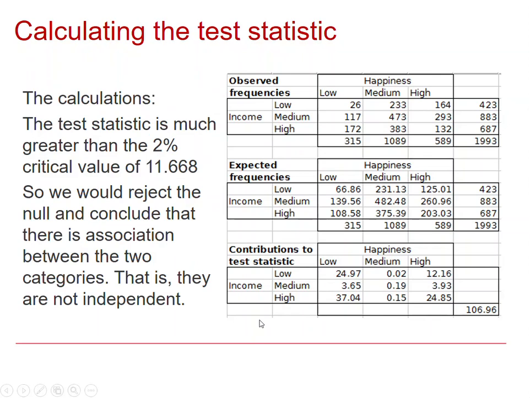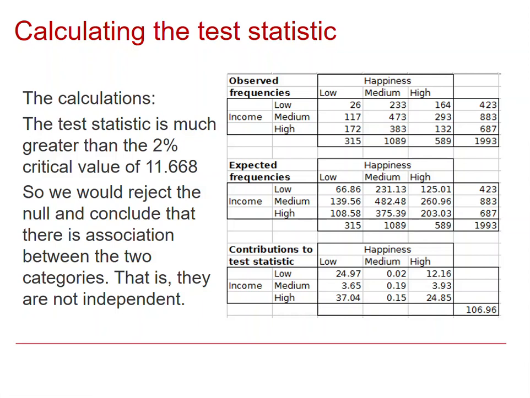So you can see here that our value of 106.96 is much greater than the critical value of 11.668. So we can reject the null hypothesis and conclude that there is evidence of an association between the two categories, that is to say that they're not independent of each other.